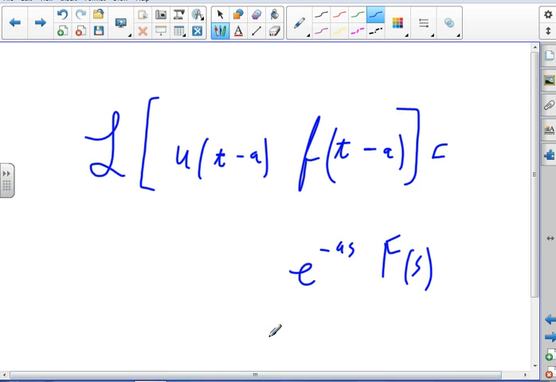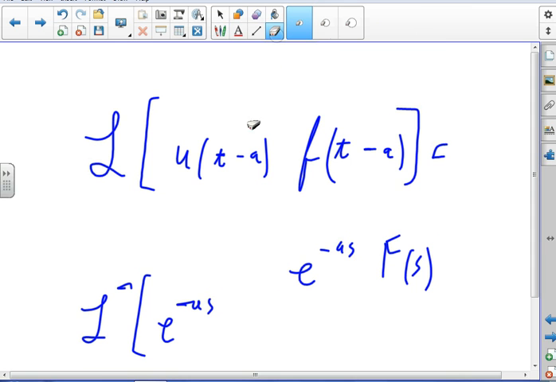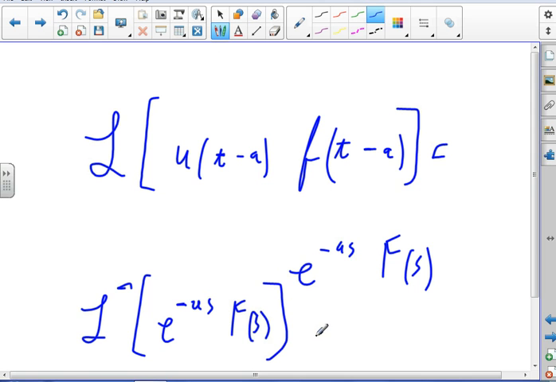And if I go the other way, the inverse Laplace transform of e to the minus as times F of s becomes the unit step function times f of t minus a.